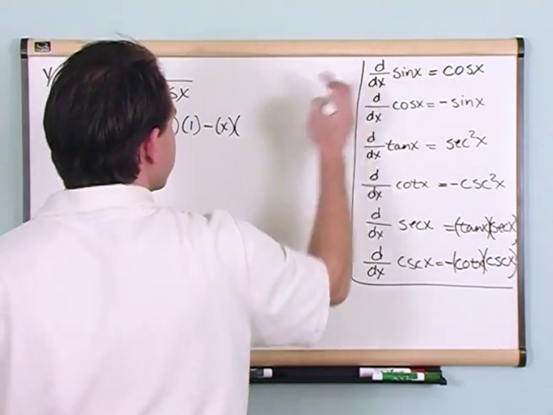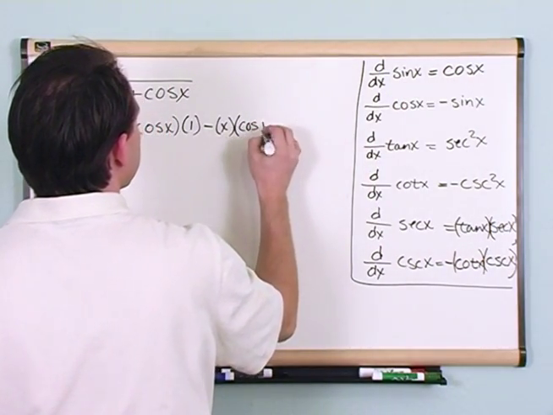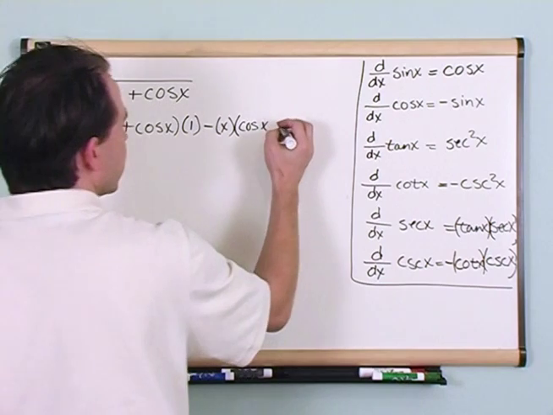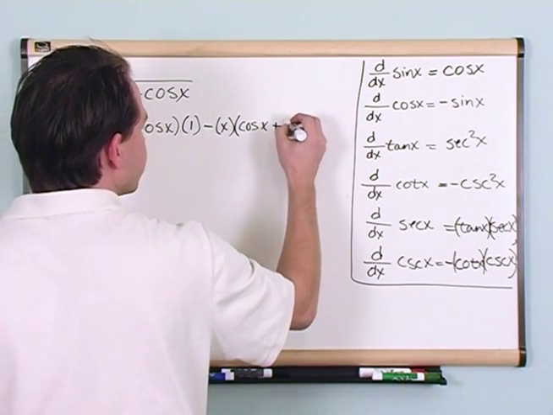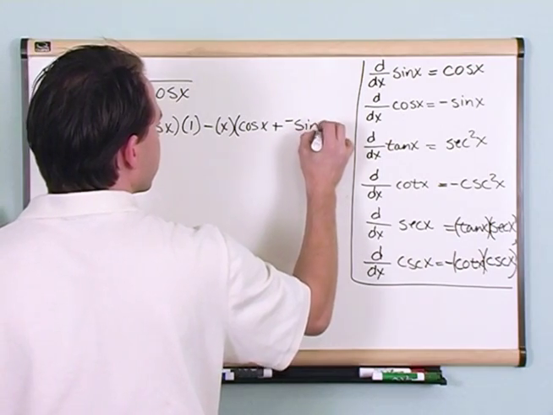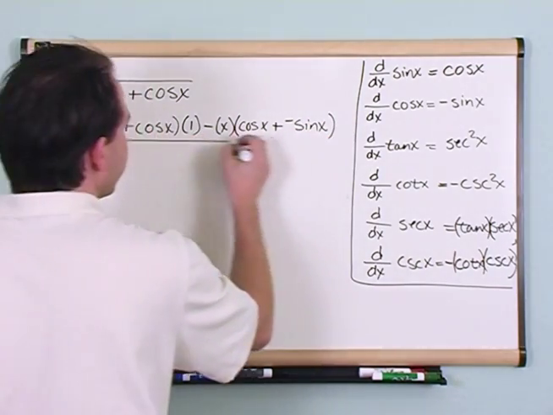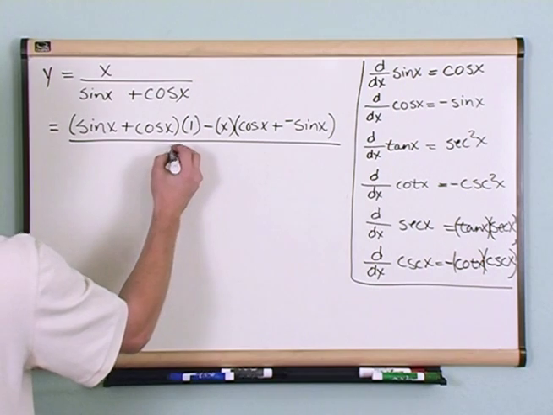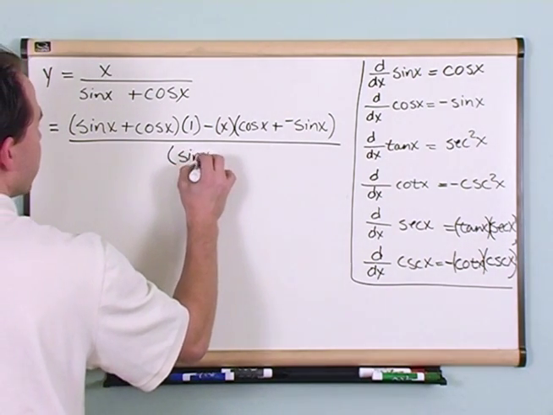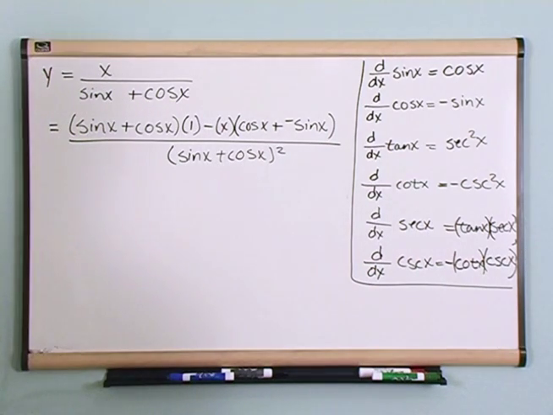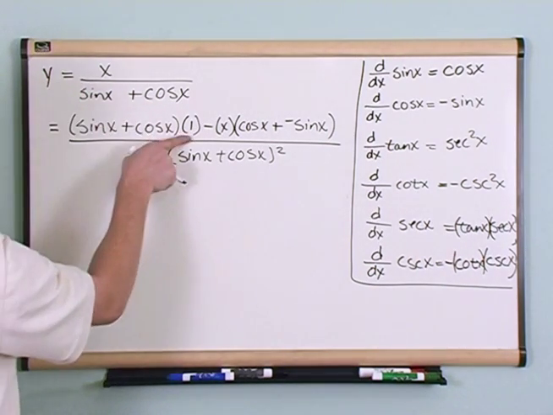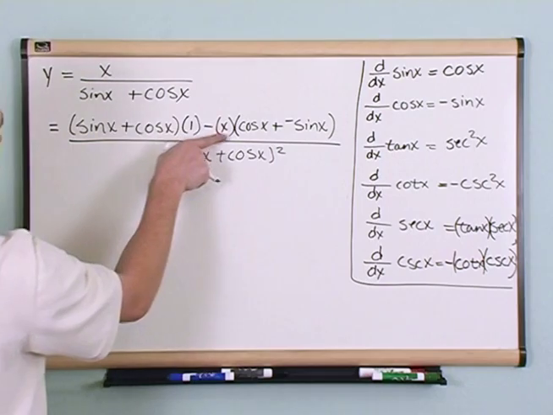Derivative of sine is cosine, and the derivative of cosine is negative sine. And then the whole thing is going to be divided by the bottom squared, which is sine x plus cosine x, squared.